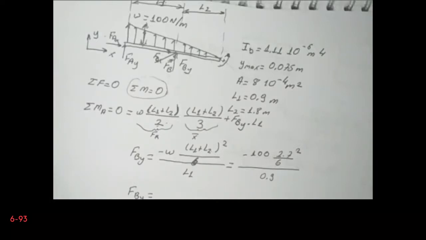It is 135 minus newtons. This is the value for the FBY.